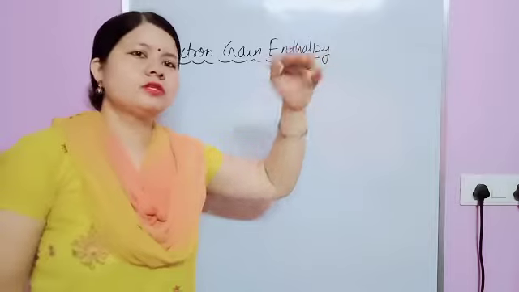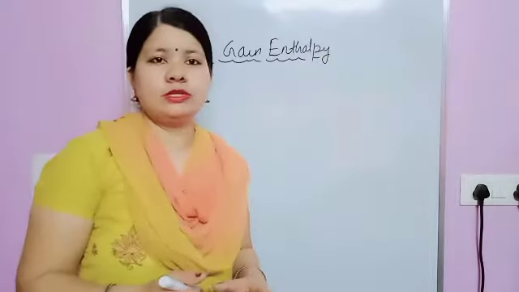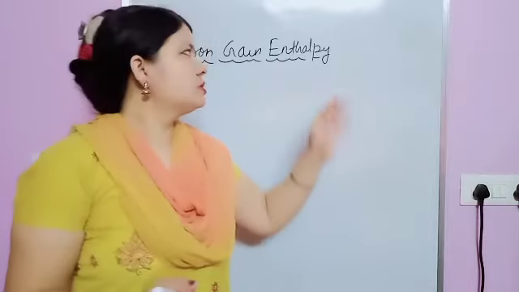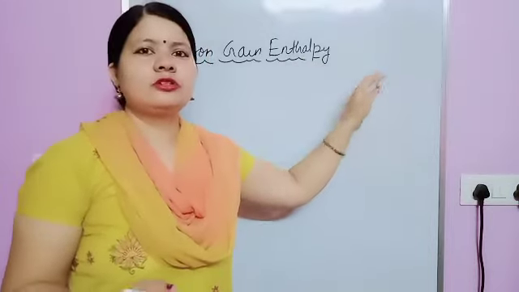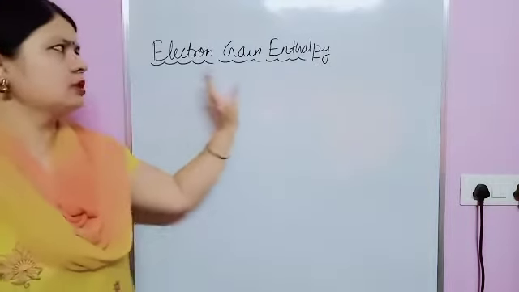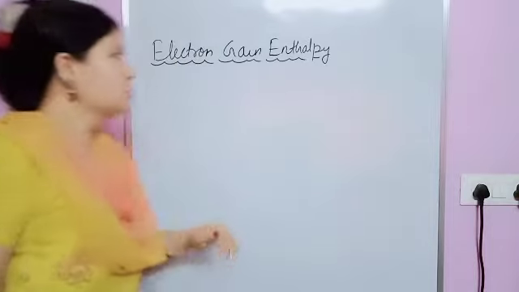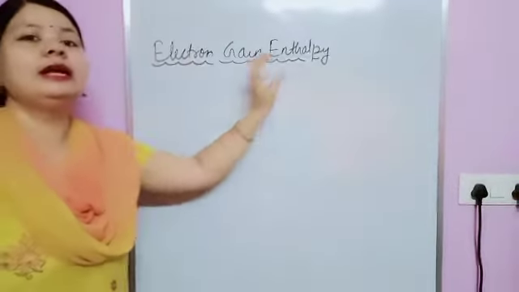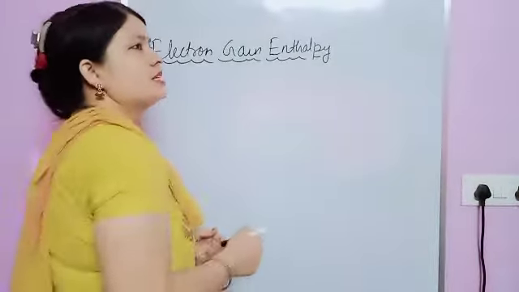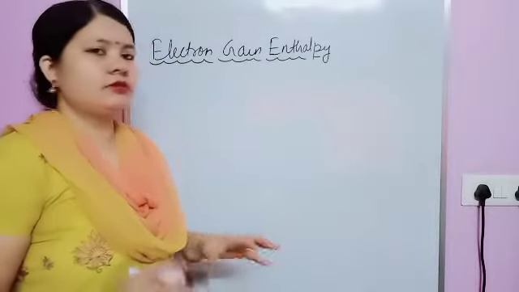You can say this is something related to energy, and we will study it in thermodynamics in detail. That is delta H or something, सारी चीज़ें enthalpy क्या है. But here we are talking about something related to energy, with detailed study in thermodynamics. Now in case of electron gain enthalpy, or you can say electron affinity, that is EA. That is the same thing.